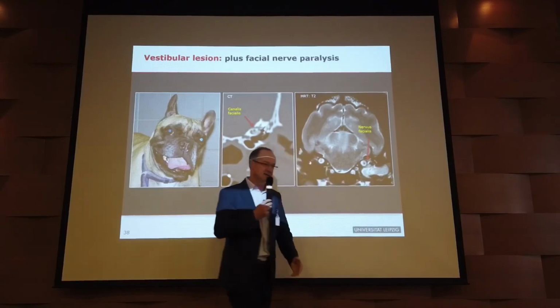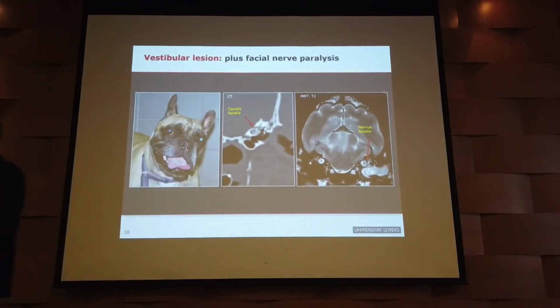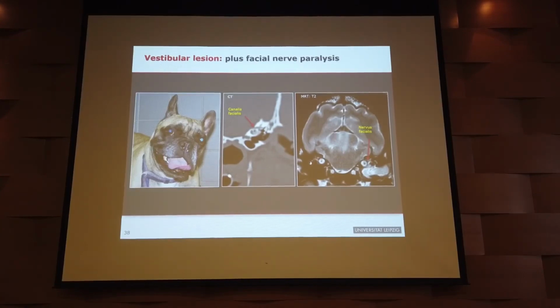The middle ear is normally air-filled, and that's black on a MR image. The fact that we have white here means that there is a filling of the middle ear. So we have middle ear pathology, and that can affect the inner ear and the facial nerve as well. And that's why you may see facial nerve and only facial nerve pathology of all the 12 cranial nerves.